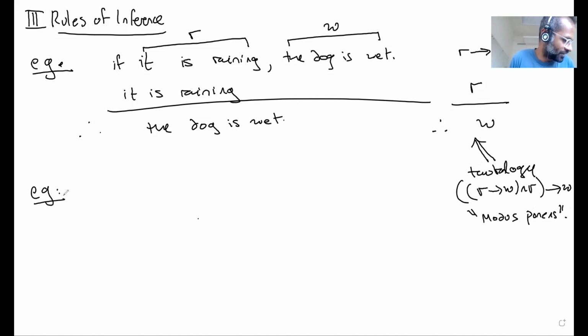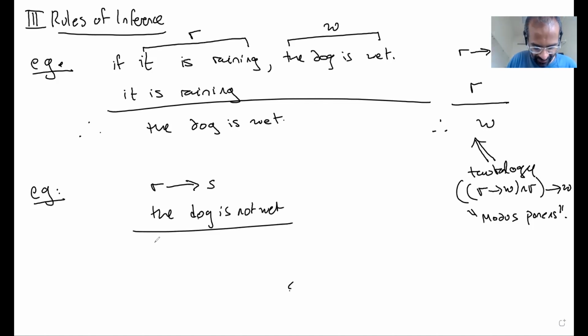And you have slightly more complicated examples of that, like, okay, if it is raining, the dog is wet, so that's just R implies W again. And then the dog is not wet. Then you conclude that it is not raining. Right, so this is not W, and this is W, and then this is not R, right?